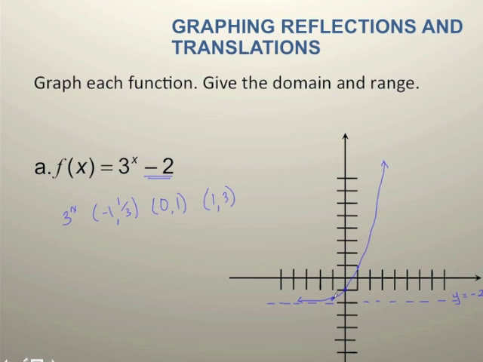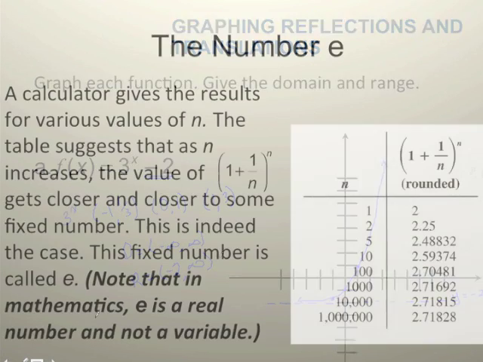And I have used 3 points for my graph. The domain is still -infinity to infinity, but the range has moved. Now it's moved down to -2, still to infinity.